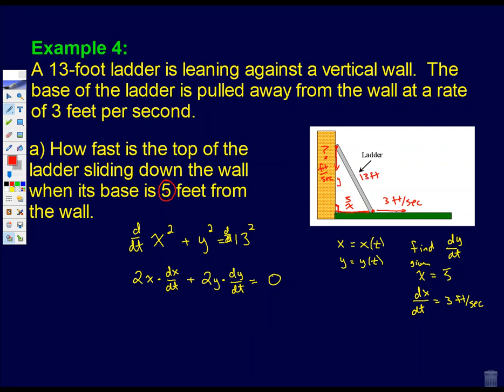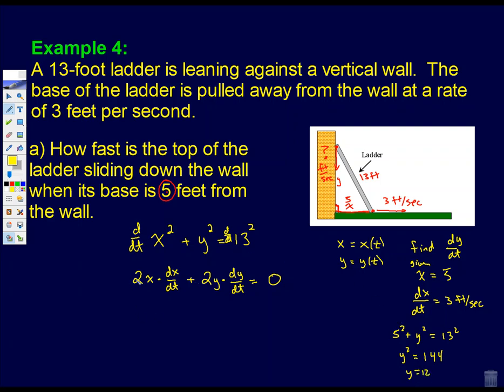Well, again, I can just use the Pythagorean theorem, because 5 squared plus y squared has to make 13 squared. So if I do the math here, this is 169 and this is 25. So y squared is 144 and y is going to be 12.